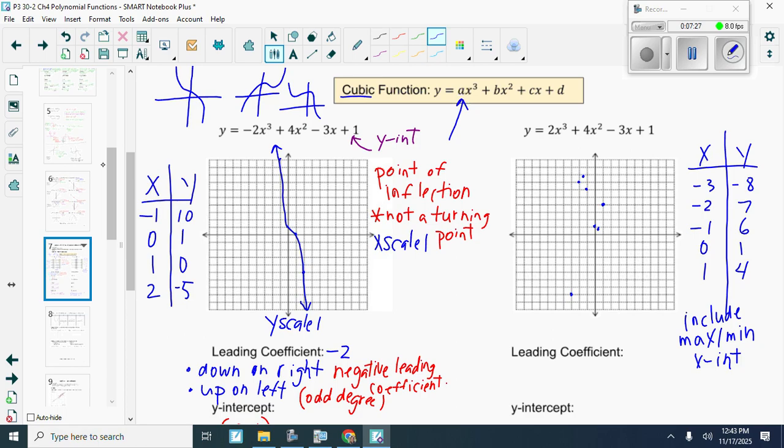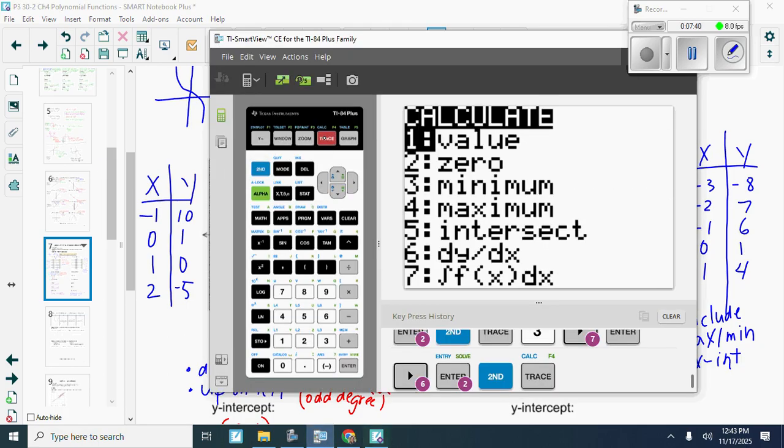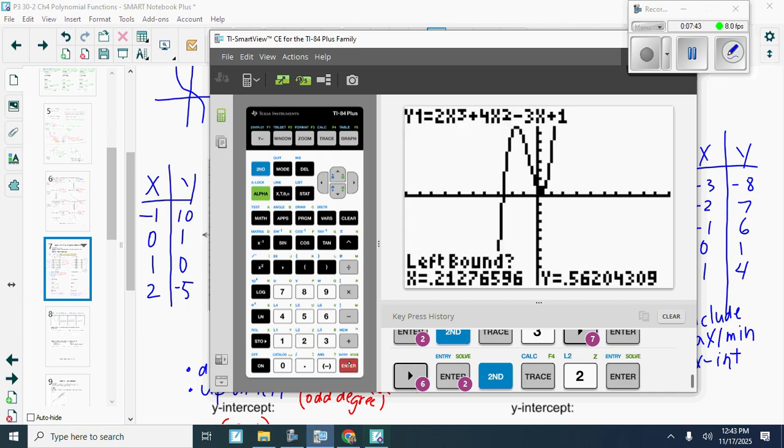So you have to do what we just did with the minimum and the maximum with second trace. To get the x-intercept, that's what your calculator calls a 0. So if you go over to second trace, you'll see number 2 is a 0. It's asking for a little bit of help. Can you guide it to where the 0 is?